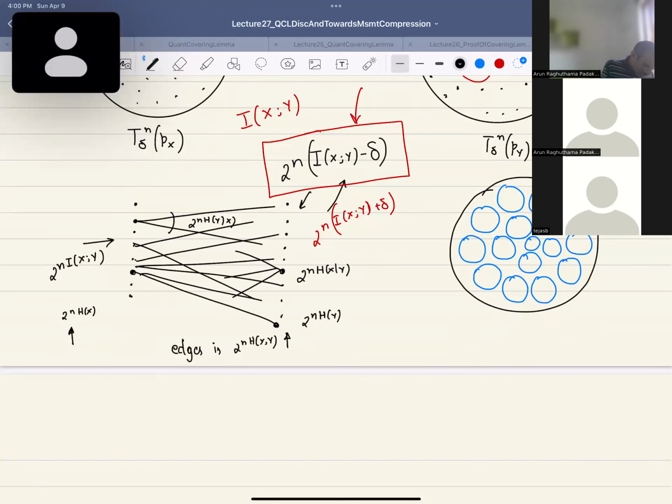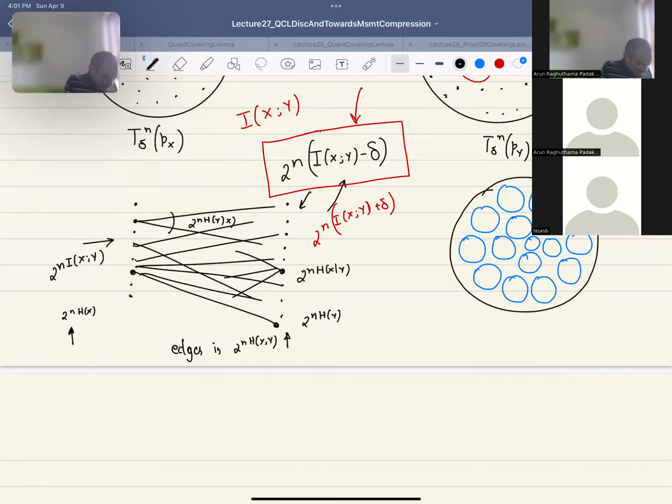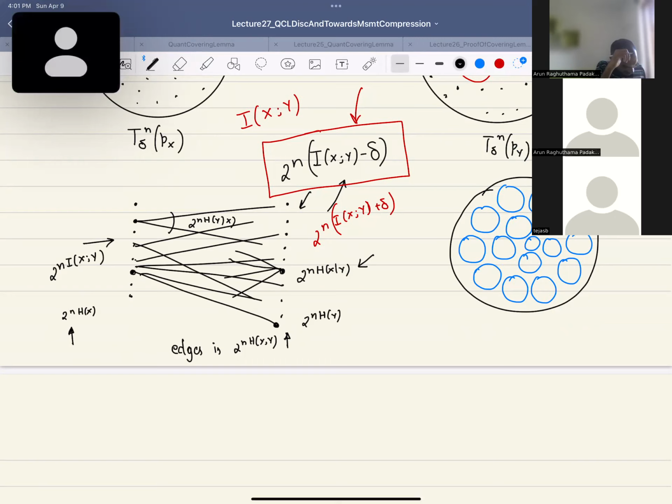So a y^n is connected to an x^n if x^n and y^n are jointly typical. Now you look at a y^n. The in-degree, the incoming edges, are all those x^n's that are typical with the y^n, and that's 2^(nH(X|Y)). So all the conditionally typical x^n's with respect to that fixed y^n will be incoming to that y^n.